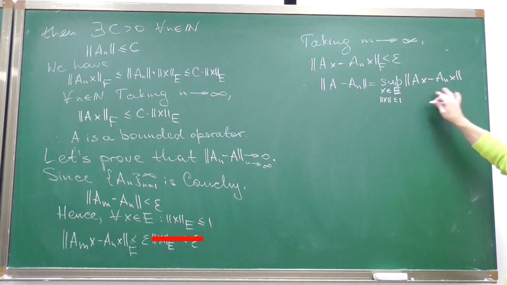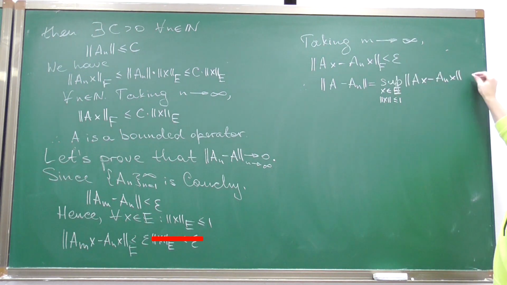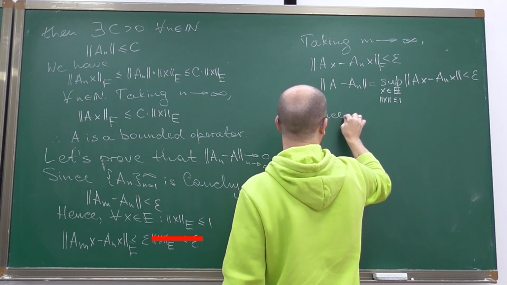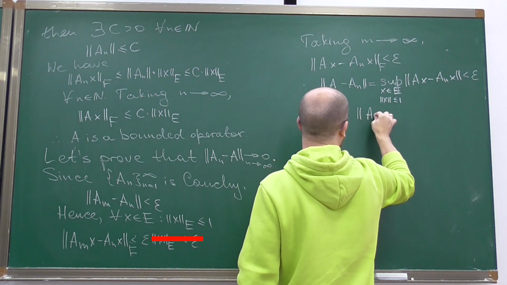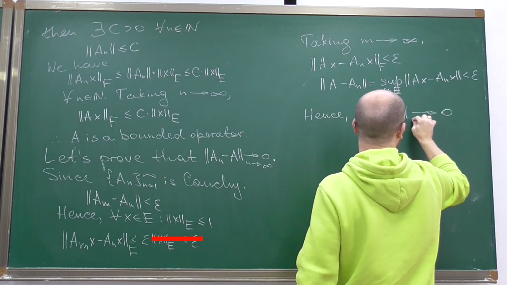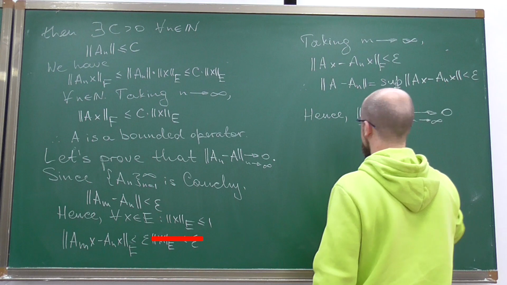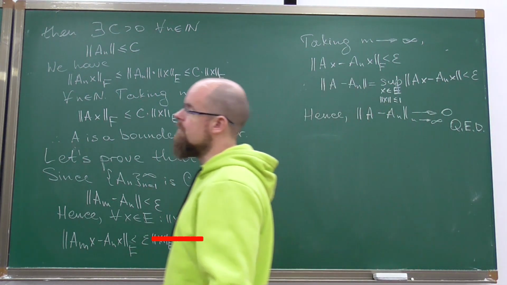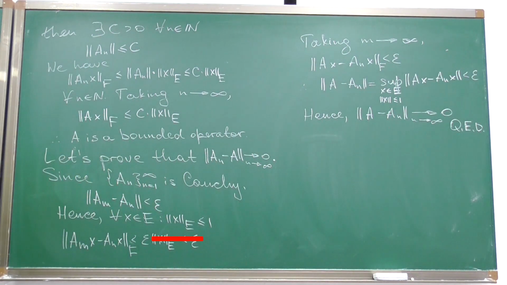But we know that this expression is less than epsilon, which means that the norm of A minus An tends to 0 as n tends to infinity. So we started with the Cauchy sequence and proved that it converges to an element A from the space.